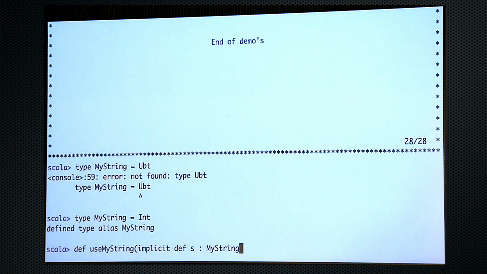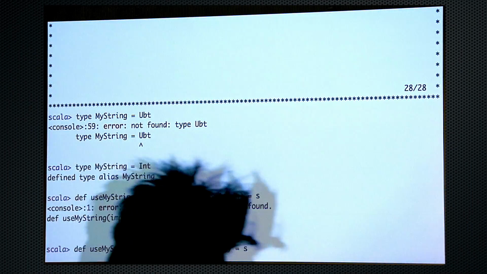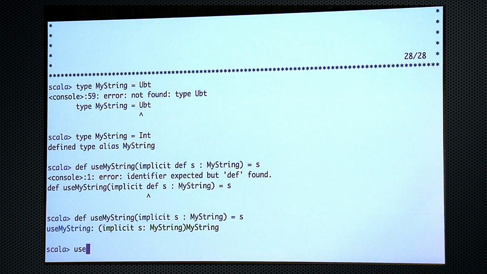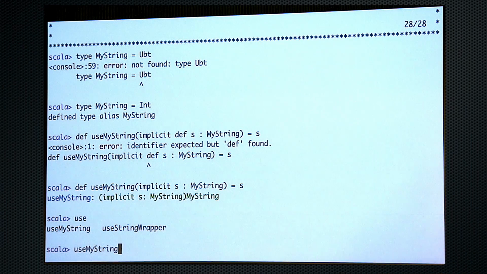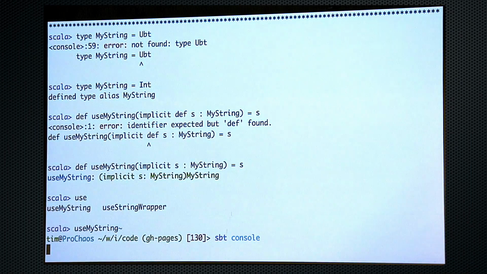Not sure if this is going where I want it to go, but let's see what happens. What's going wrong? Oh, yeah, of course, the other def. Okay. Use my string. And I guess you want to have something of type implicit int now in scope. I think we already have that. Oh, that's not good. Wrong one.